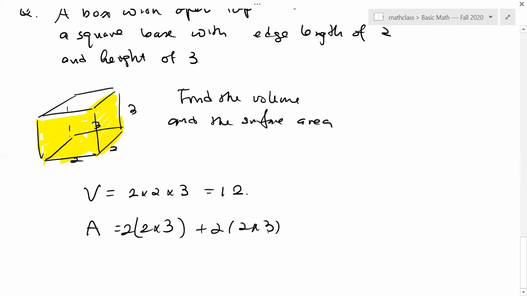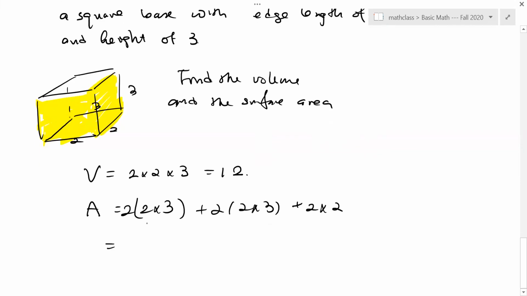That gives you the area of the face on the side, but you have a left side and a right side, that's why I multiply by 2. But you only have the bottom part, you don't have the top part, so it's 2 times 2. That gives you the total surface area: 12, and 12, and 4. So the total is 28. The surface area is 28.